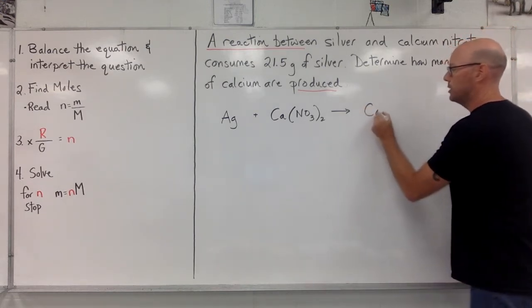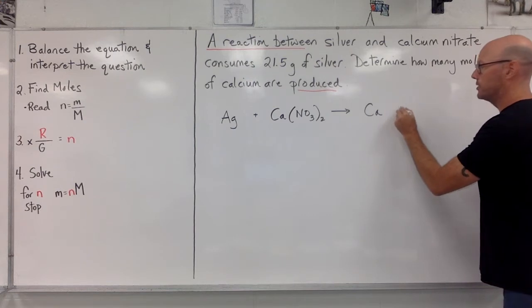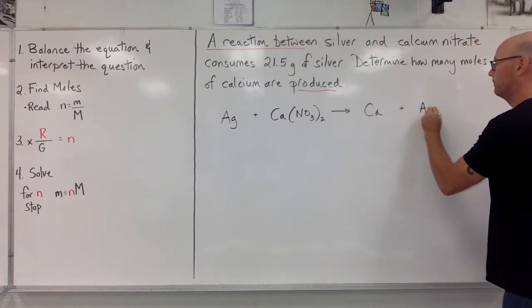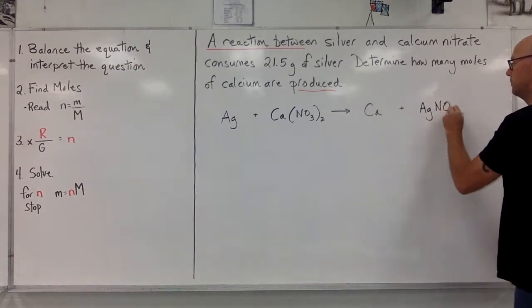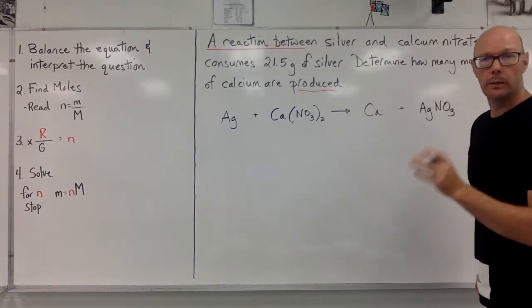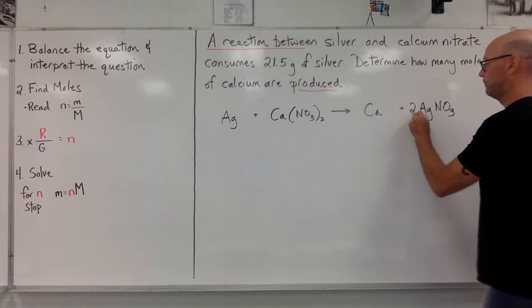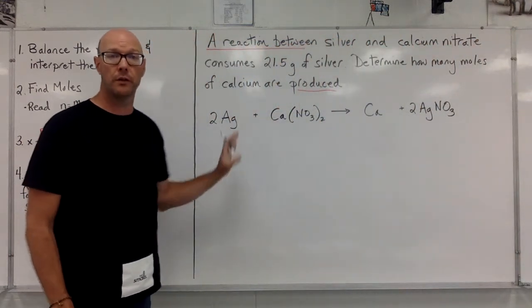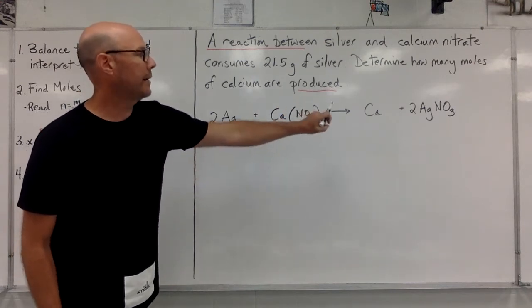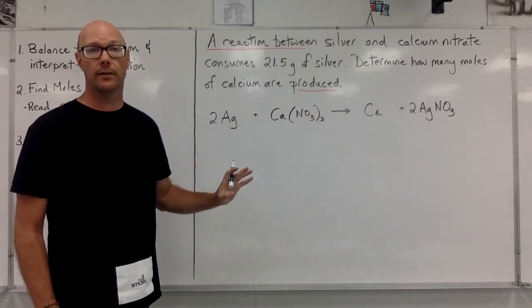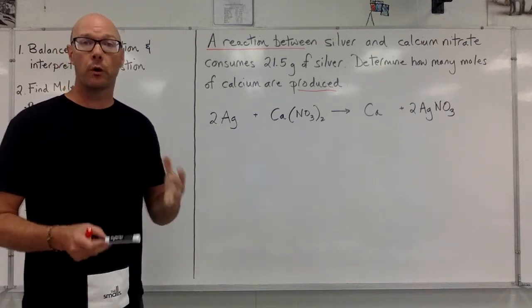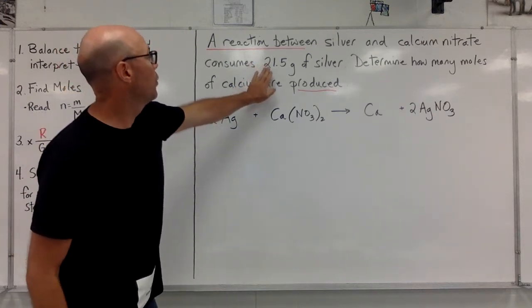Gives us the calcium alone, and the silver, which is a 1+, gets together with the nitrate, a 1-. We balance this reaction, so we end up with 2 silvers on either side, 1 calcium on either side, and 2 nitrates. Balanced chemical reaction. We can move forward with our interpretation.